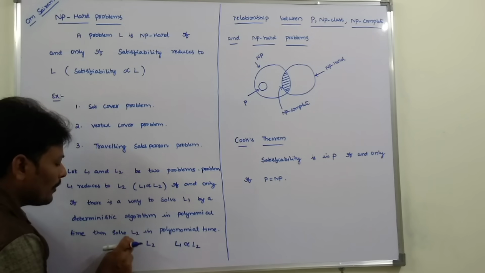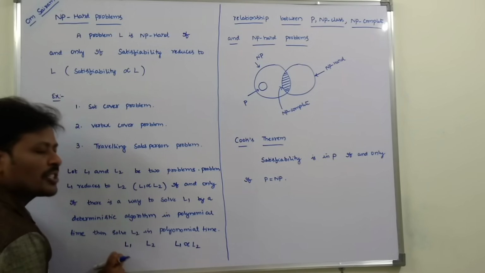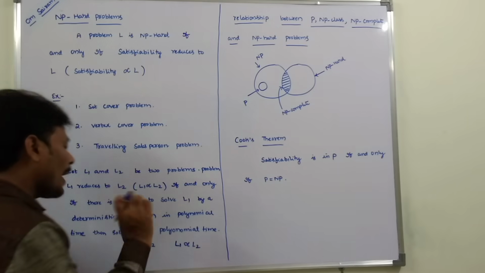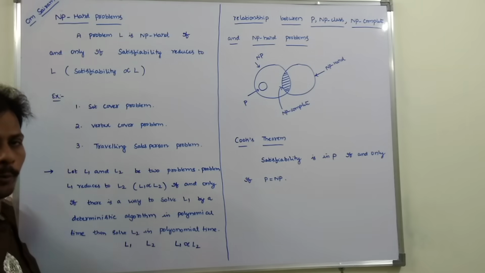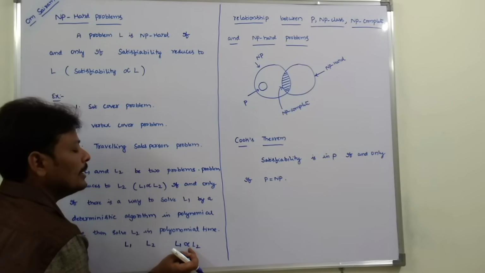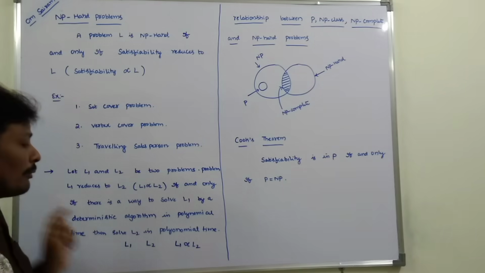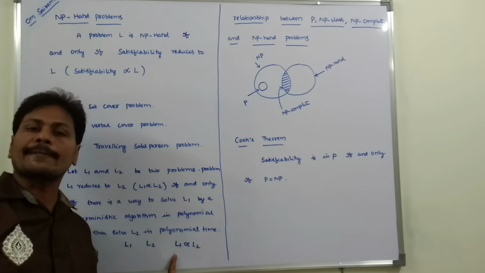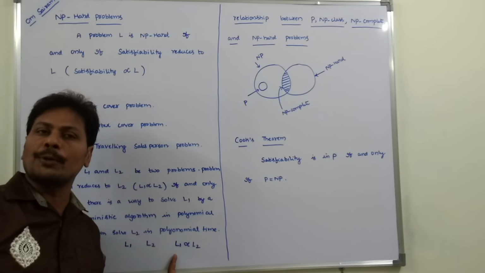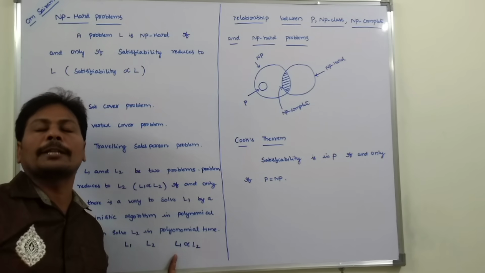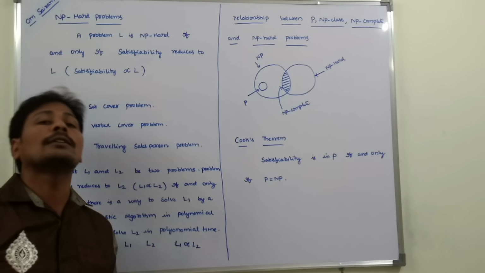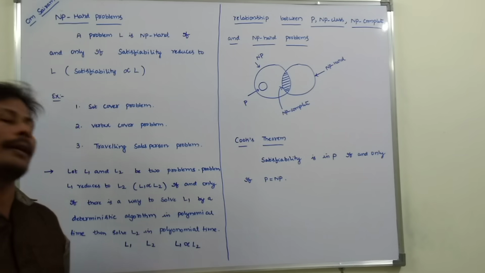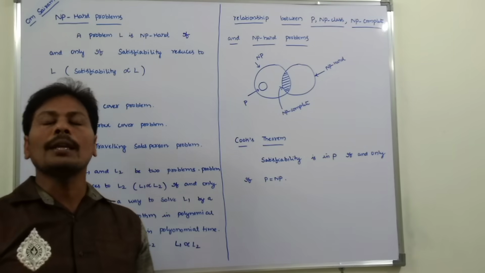If the problem is solved using a deterministic algorithm in polynomial time, then we can solve L2 also. Why? Because L1 is already reducible to L2. If L1 is solved in polynomial time by a deterministic algorithm, then L2 is also solved in polynomial time, because L1 reduces to L2.